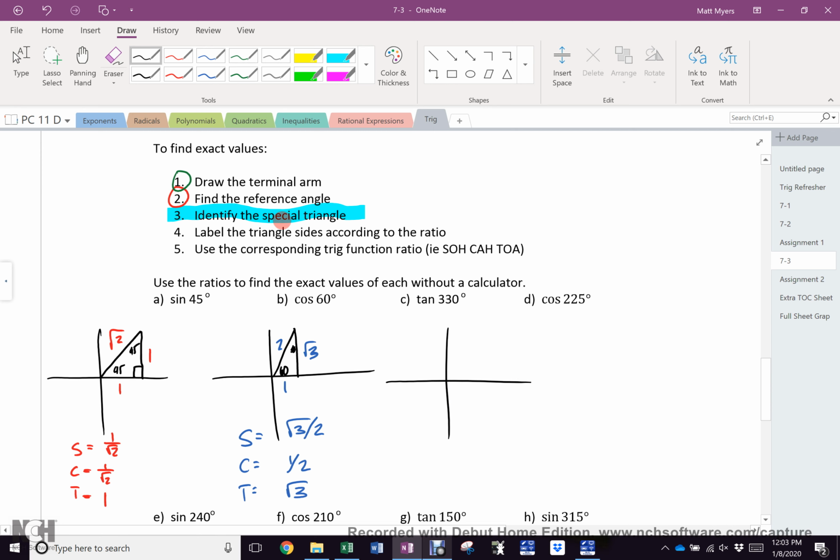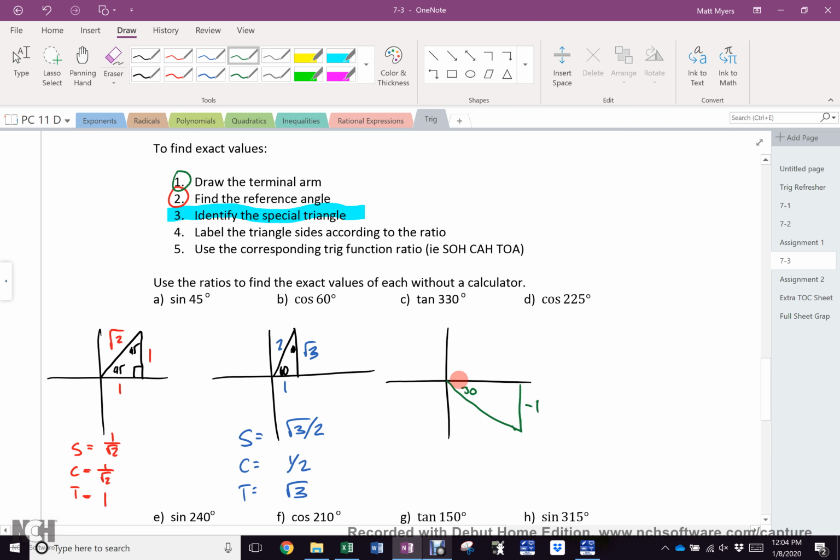So where is the terminal arm in C? Quadrant 4. What's the reference angle? 30. Well, there's my 30. So what's across from 30? 1?